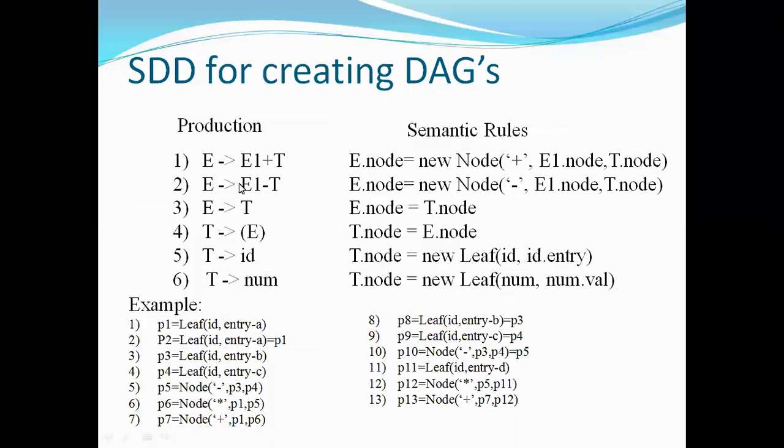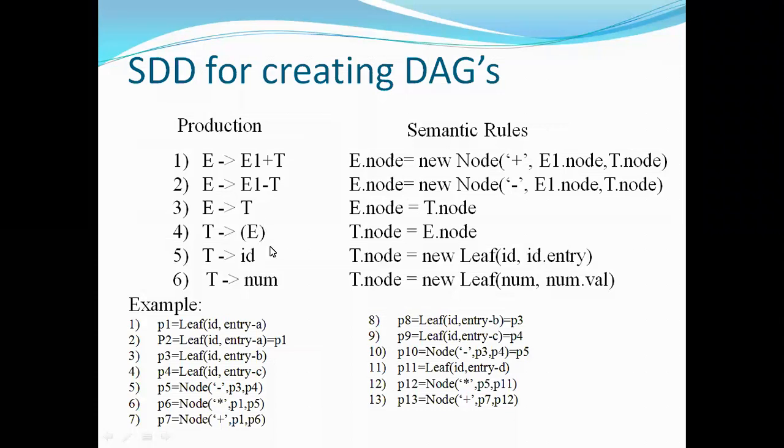Here also we are talking about E, so I need a value for E. E is a node, so I am writing a function for the node E: new node of minus, which is the label, and the left pointer and the right pointer. And E tends to T, so E dot node is equal to T dot node, and similarly for T tends to F.